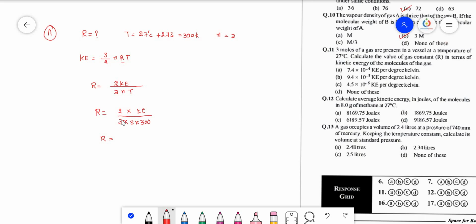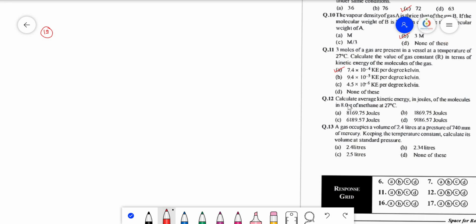So R value, just by solving everything, we shall get the value as 7.4 into 10 power minus 4 kinetic energy per degree Kelvin. So this is the answer. So option A is correct.